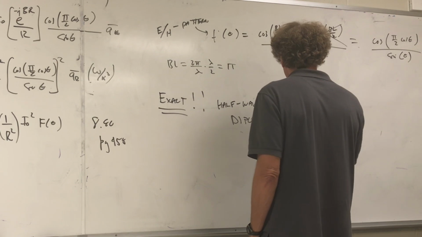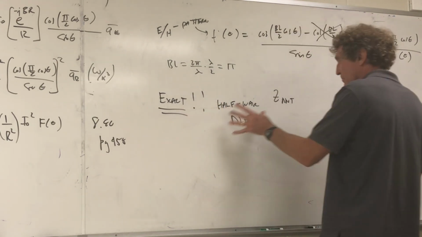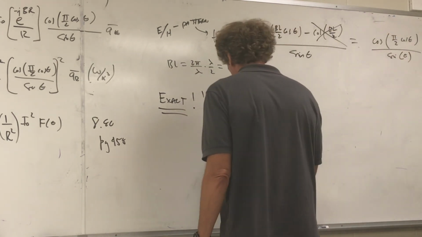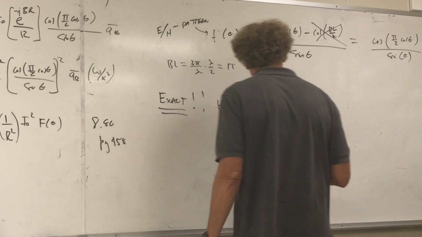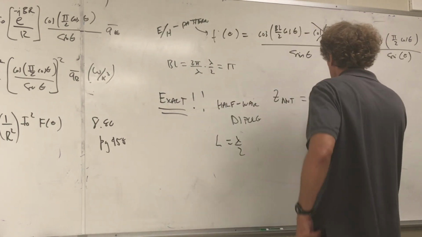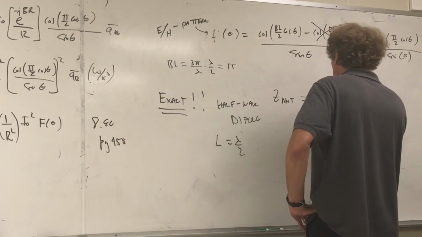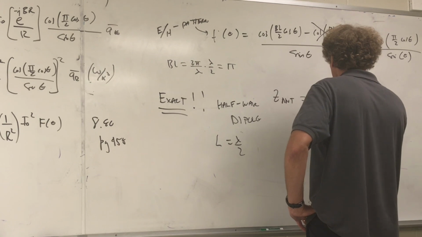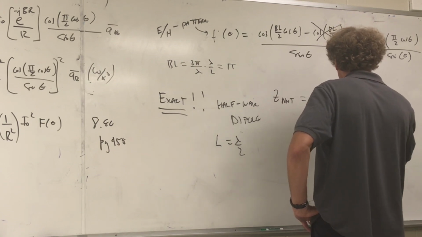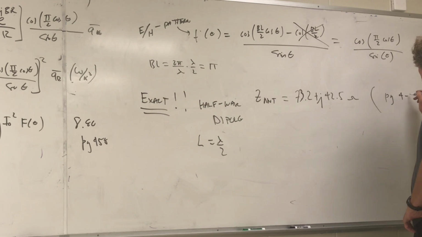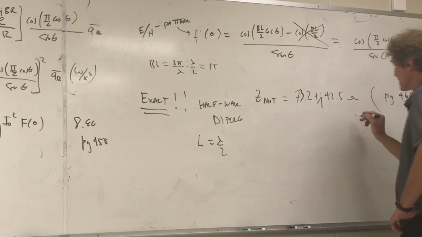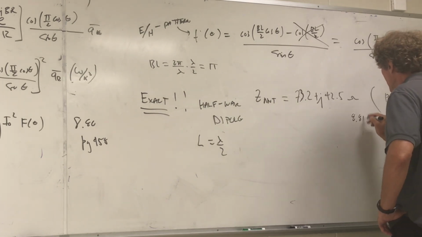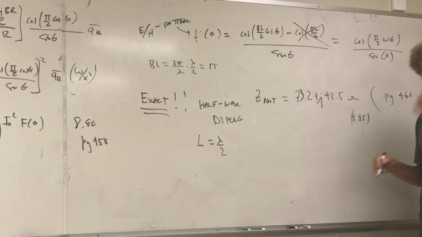This is the input impedance when L is exactly lambda over 2 long. You get the input impedance at 73.2 plus j42.5 ohms, equation 8.85, and this is the impedance of the antenna.